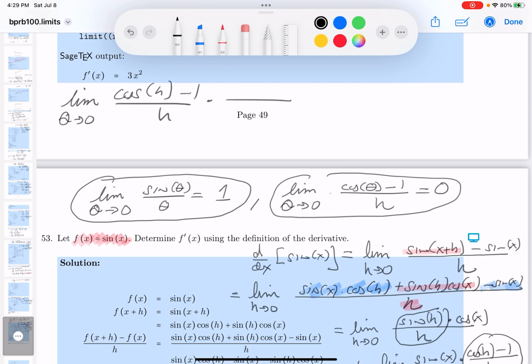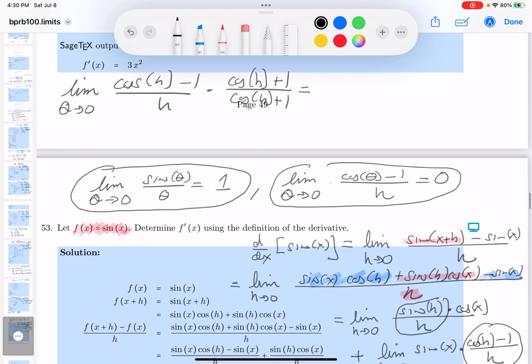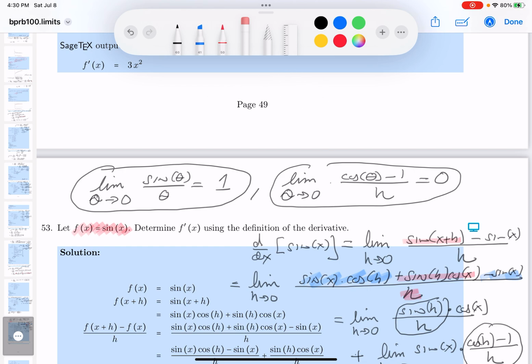And I can multiply top and bottom by the top's conjugate, which is cosine h plus 1. What do you get here? I'm sorry, I keep using the h, and I have to erase that completely now. I'm going to use x this time.